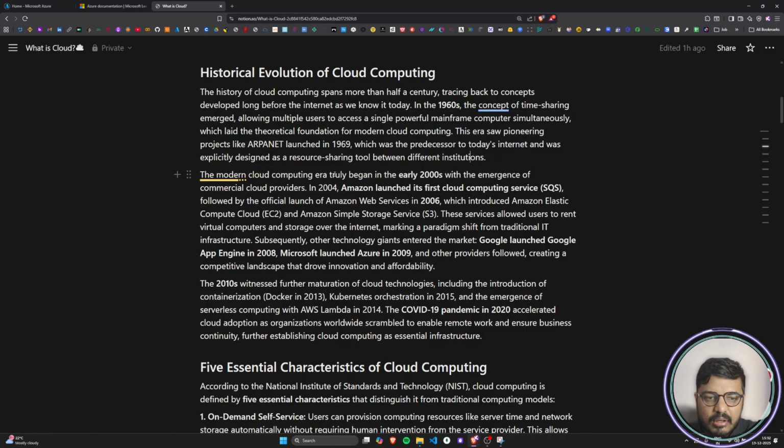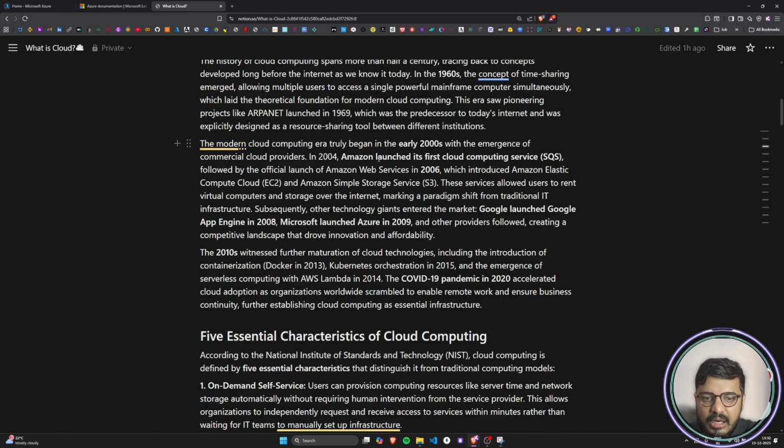The modern cloud computing era began in the early 2000s with the emergence of commercial cloud providers. In 2004, Amazon launched its first cloud computing service, SQS, followed by the official launch of Amazon Web Services in 2006. AWS, the most widely used cloud service, was launched in 2006, which introduced the Amazon EC2 instance, which is again one of the most highly used cloud services to date.